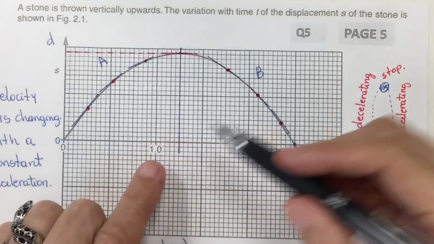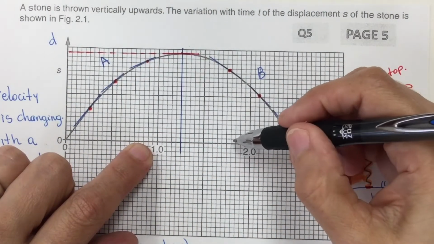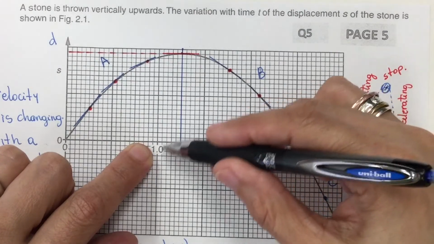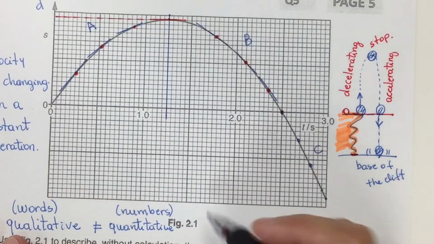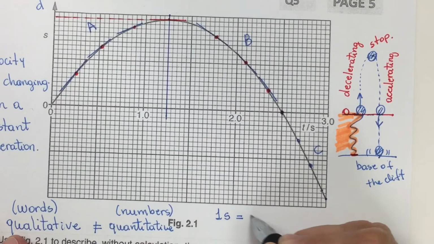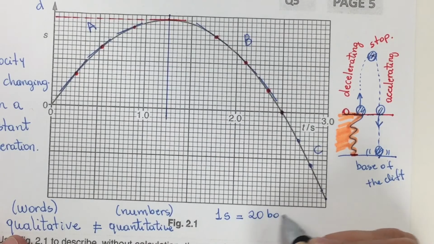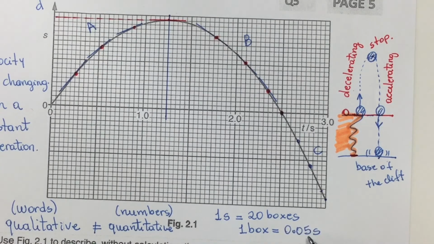To determine the time between 2 and 1 second, we have 5, 10, 15, we have 20 boxes. So between 2 seconds and 1 second, the difference here is 1 second, and we have 20 boxes. So 1 box corresponds to 0.05 seconds.